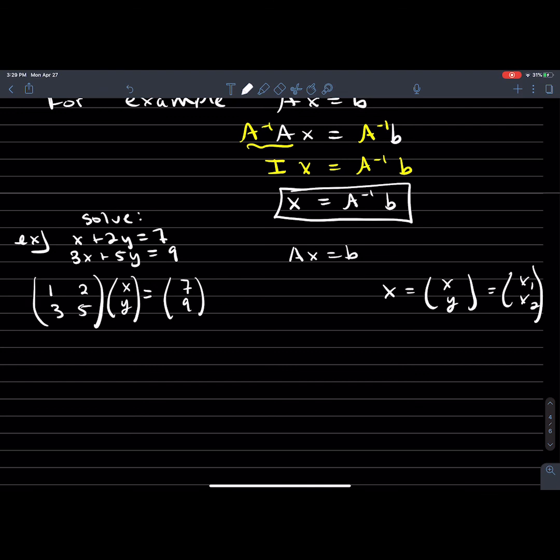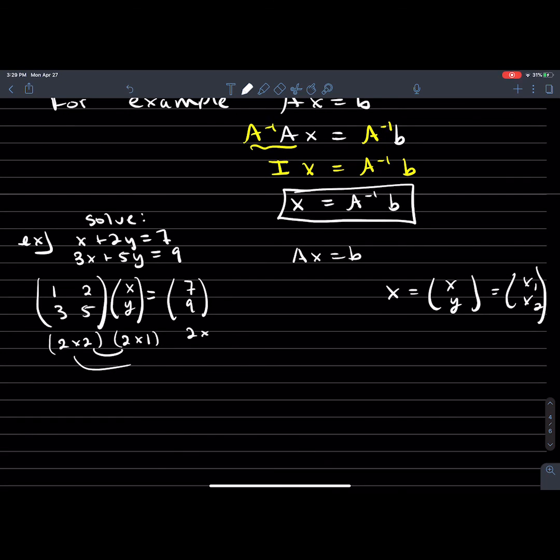But can we check this? We have a 2 by 2 times a 2 row by 1 column, and those inner dimensions are the same, and the result is a 2 by 1. So it seems to work. In the first position, first row, first column, only column, we get 1x plus 2y, and it does work.